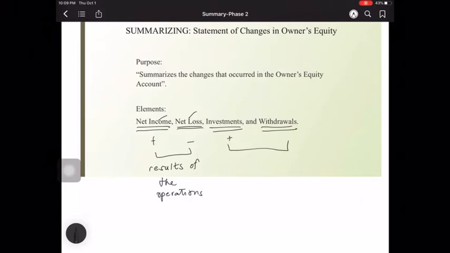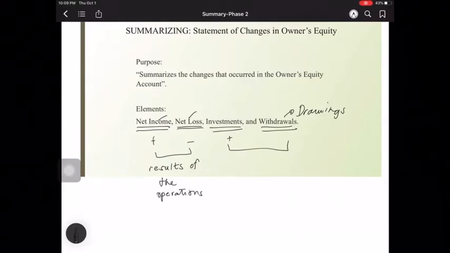Conversely, withdrawals, which we also call drawings, are an outflow of an asset or capital of the business, and such outflow is an effect of an action by the owner or the owners of the business.